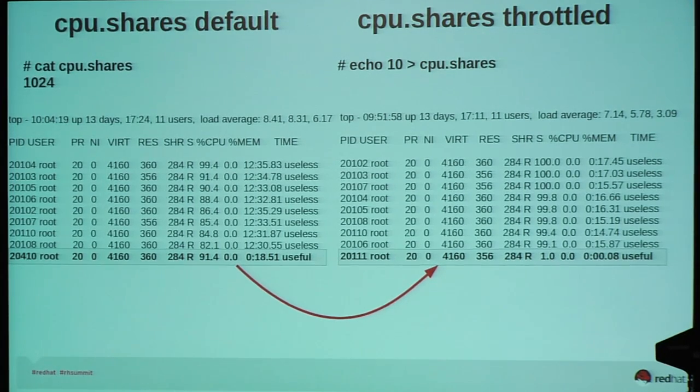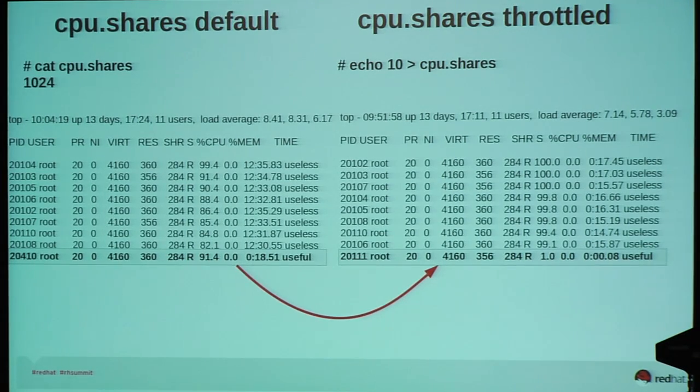However, if I echo a 10 in there, which is, I said, I'm only going to allow this guy to have 1% of the CPU, all the way over to the right, you can see that the percent of CPU time goes to 1. So all the other programs continue to use well up into the 90% range, but this one that is confined to the C group only gets to use 1%.